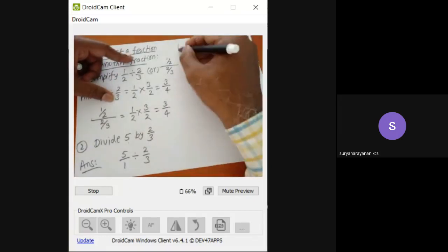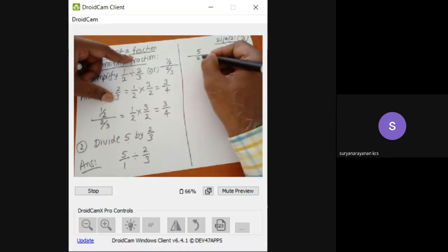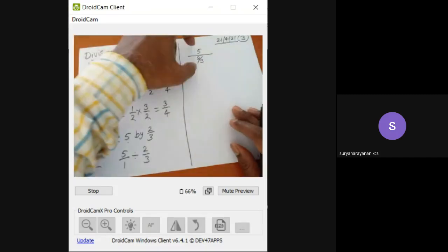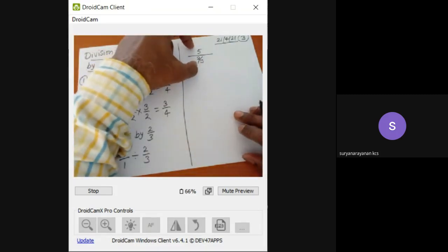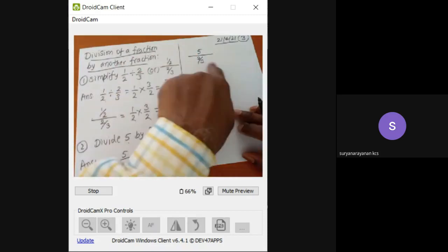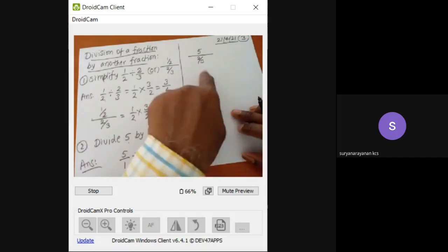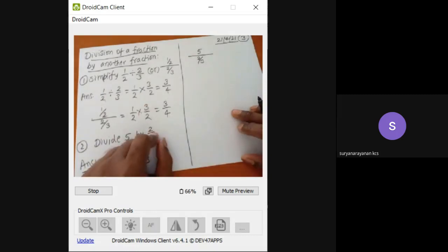Or we can write it as 5 divided by 2 by 3, as a fraction. You can write the first number as the numerator and the second number as the denominator. In both cases, you get the same answer.